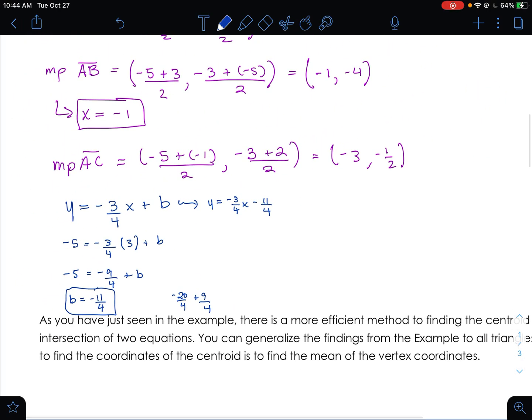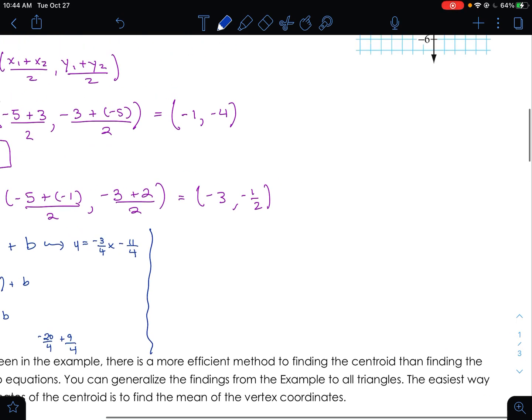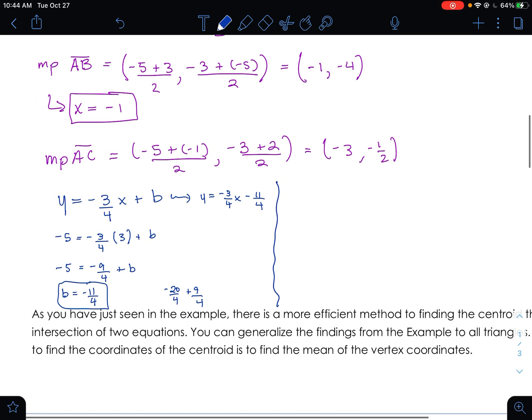Now, if we wanted to figure out what our point of intersection would be, we can use substitution to solve this system of equations. Our equations are x equals negative 1 and y equals negative 3 over 4x minus 11 over 4. We already know that one coordinate for our solution is x equals negative 1.